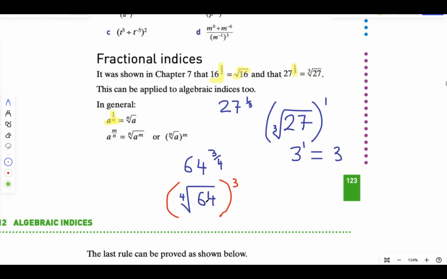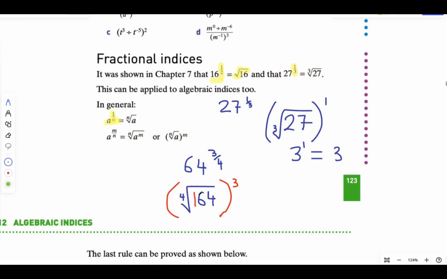Now, what's the fourth root of 64? Does it have a fourth root? Maybe let's say this number is 128.